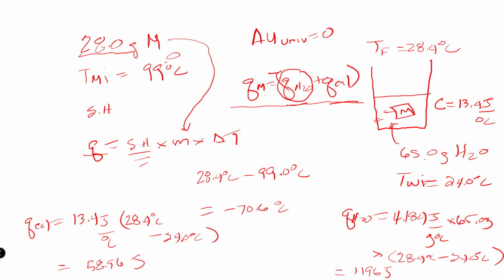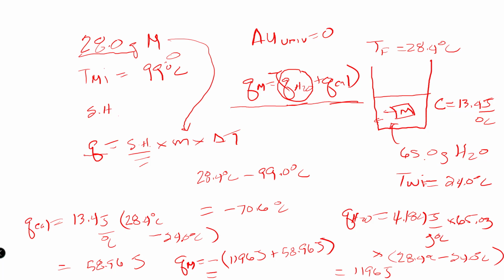Okay, so what we have now is the Q of the metal is equal to negative 1196 joules due to the water plus 58.96 joules due to the calorimeter.